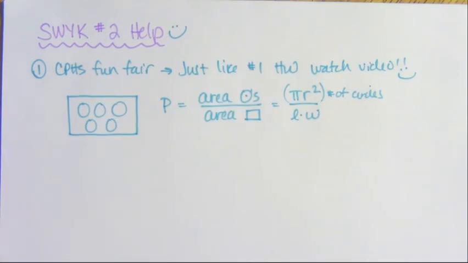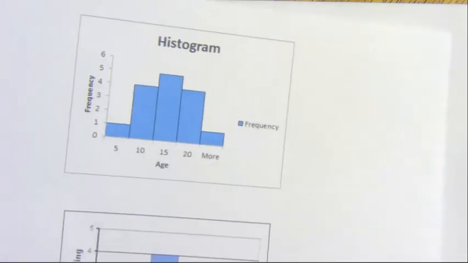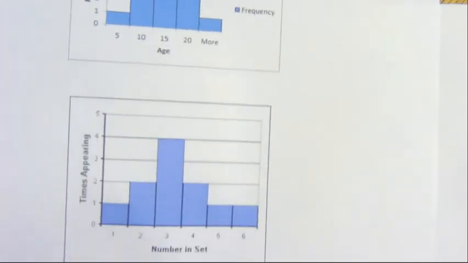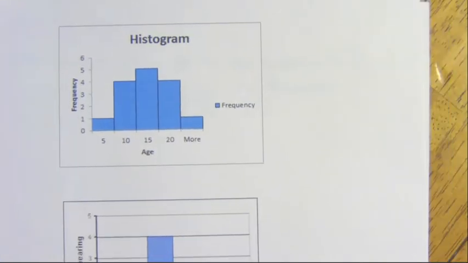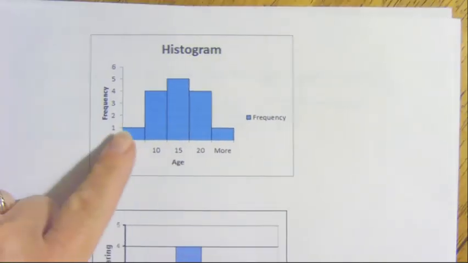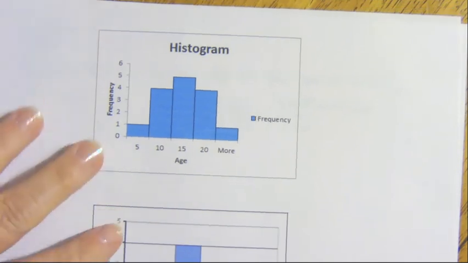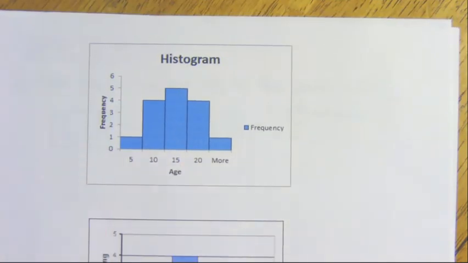Another problem that you guys have is they're kind of like bar graphs. So what I did is I printed out some different images here so I can go over problems like those. There's two problems like that on your Swyk. Let's take a look at this one here. I was talking about age and frequency.